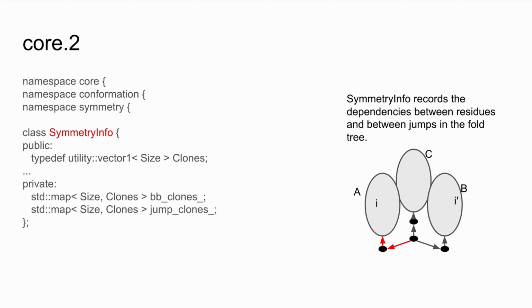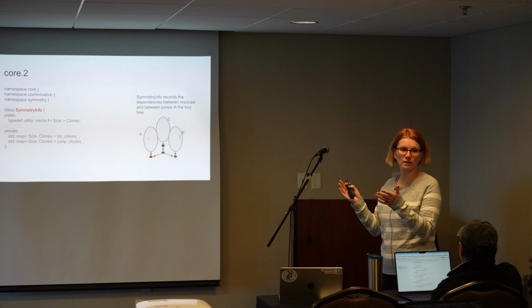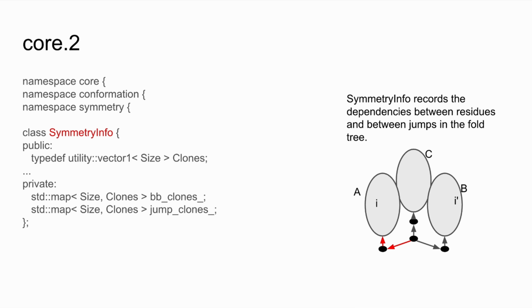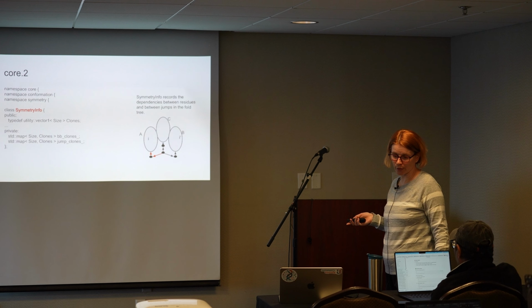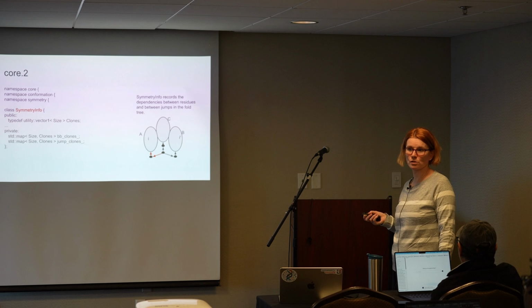The symmetry info records dependencies between the residues and between jumps in the fold tree, and what jumps in the fold tree are is something you're going to be learning today. So basically, there is a way to describe how the different chains in symmetric conformations are connected to each other, and what's flexible and what's not. That's all in core conformation symmetry info. And that's it for this one. Any questions?